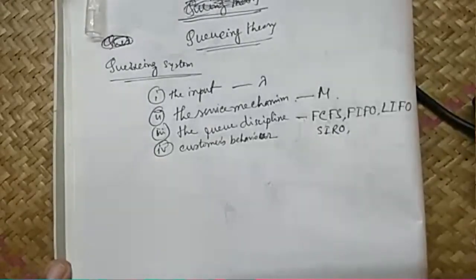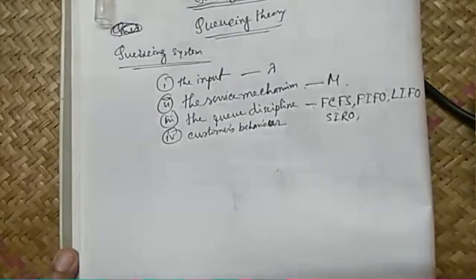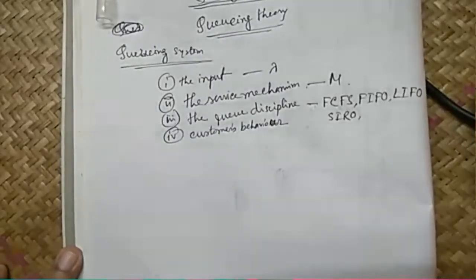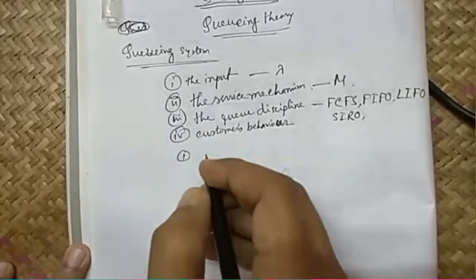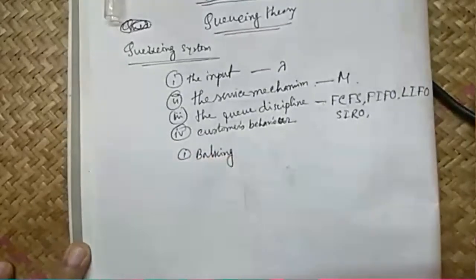Now our last topic is the customers' behavior. The first one is balking. What is it?